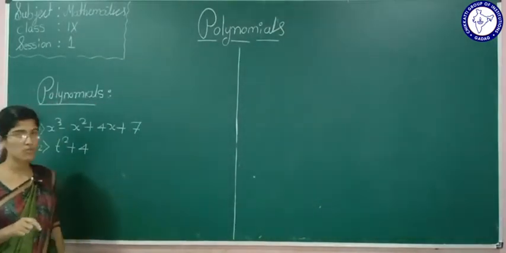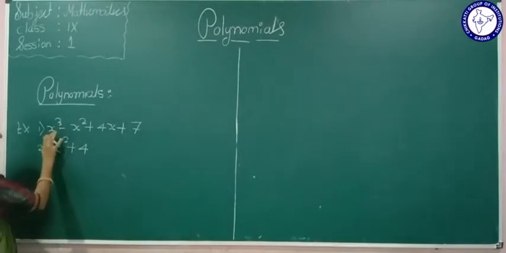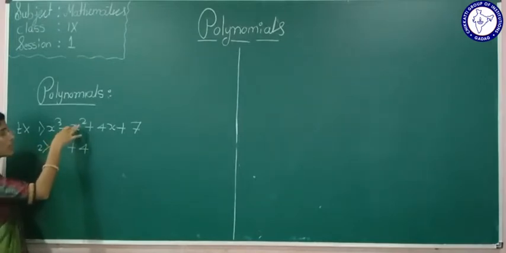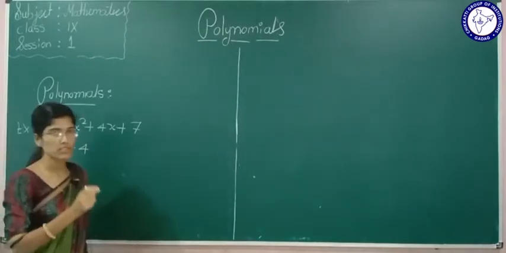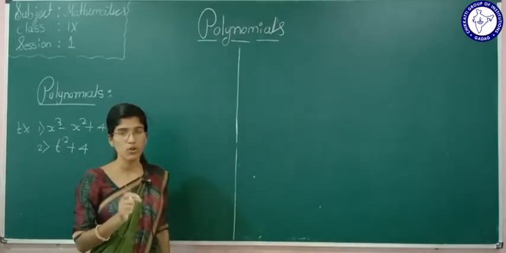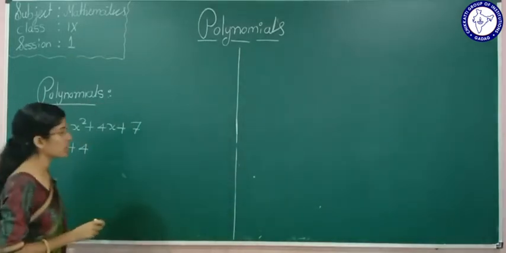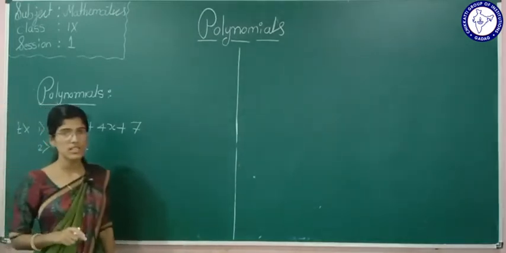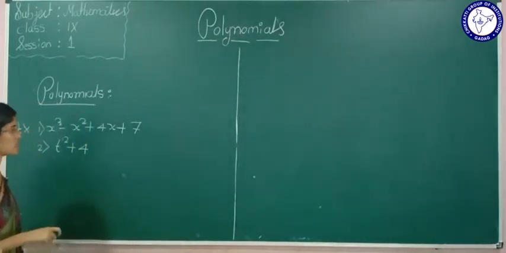What is the definition of polynomials here? An algebraic expression in which the variables involved have only non-negative integral powers is called a polynomial. Now, if I tell you the definition, you won't understand, right? Now see here, I will explain to you.